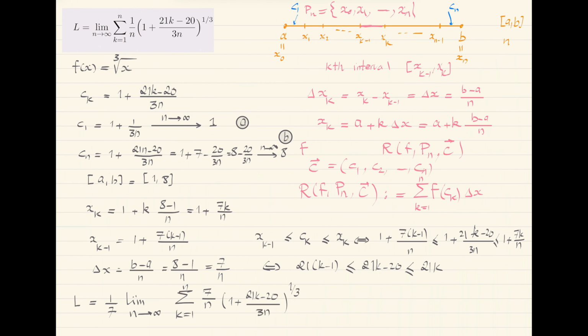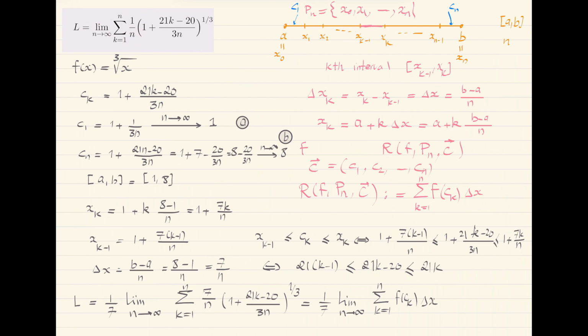But now I can write it as 1 over 7, limit n goes to infinity, sigma k goes from 1 to n, but instead of this expression, I can simply write f of ck, and instead of 7 over n, I can put delta x.